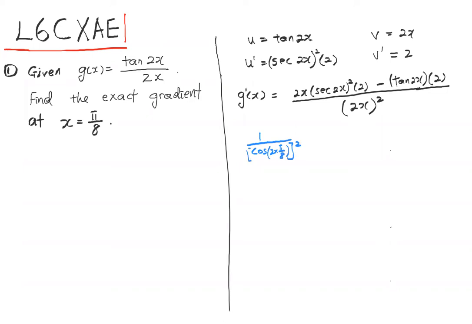Secant is 1 over cos, correct? So I get this done first. So this will be 1 over cos pi by 4 squared.